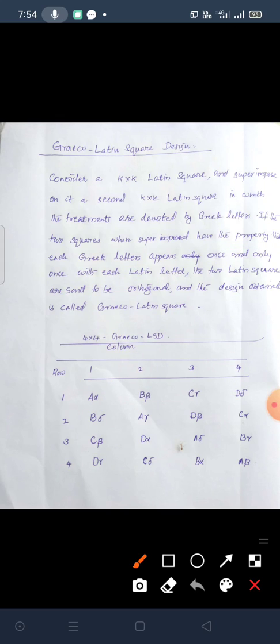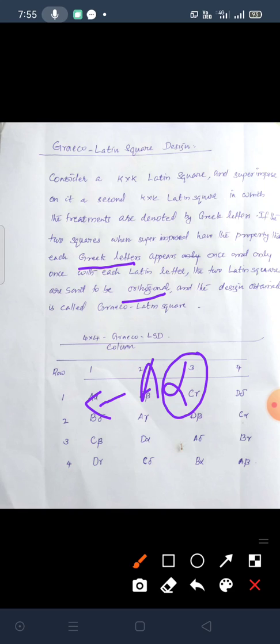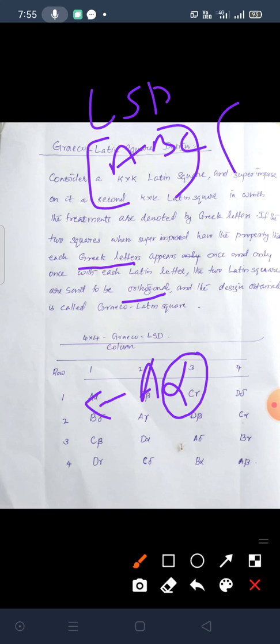Again, I am reading: there is a property that each Greek letter appears, suppose the first one is alpha and the next one is A, only once. So alpha occurs with A only once. The two Latin squares are said to be orthogonal. In this case, the first LSD is of the ABC type and the other is of the alpha beta type.